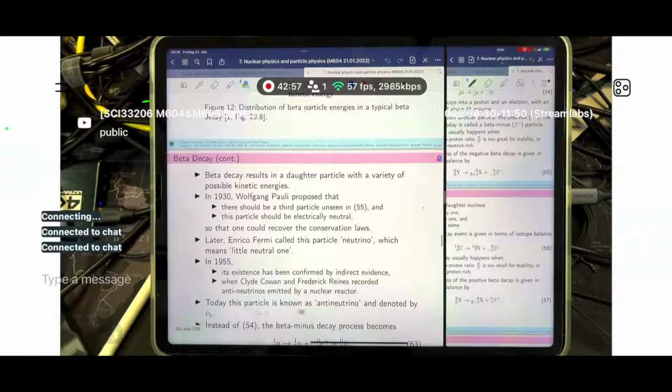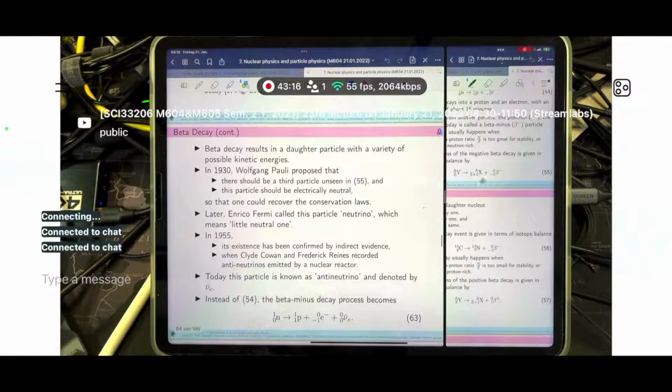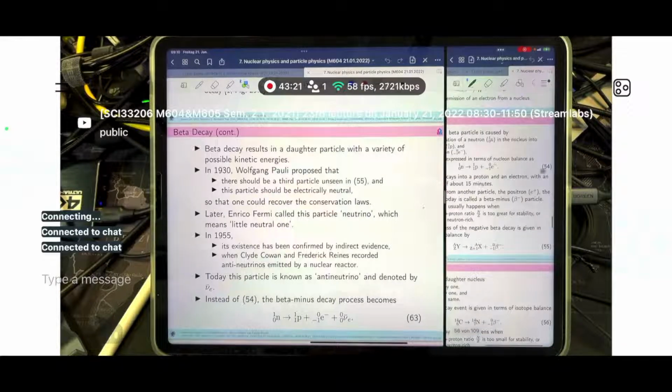Today, this particle, known before by Fermi as the neutrino, is known as the antineutrino, because the neutrino takes place with beta plus, and the antineutrino takes place together with the electron. So equations 54 and 55 are no longer valid. 54 is the fundamental one, and 55 is the general expression for any element, but they come from the same root.